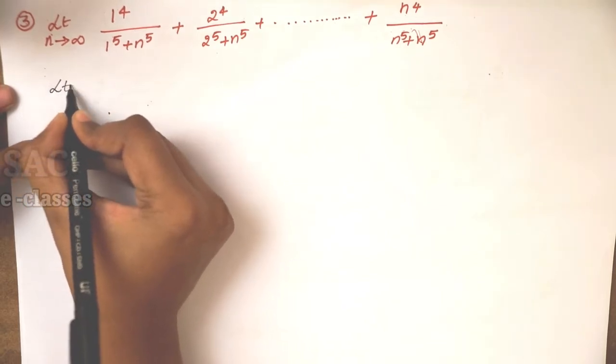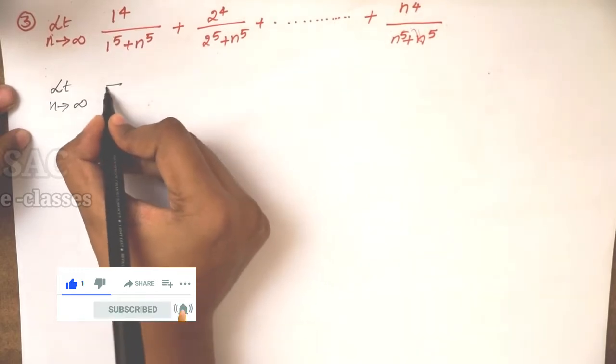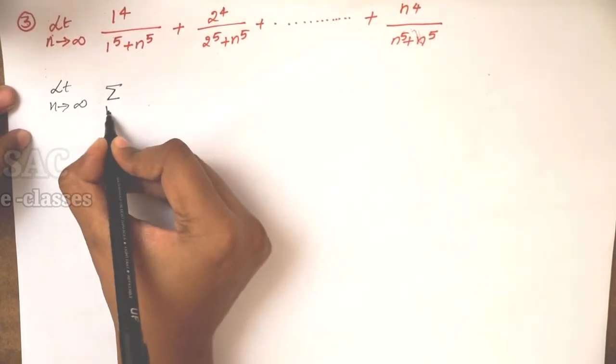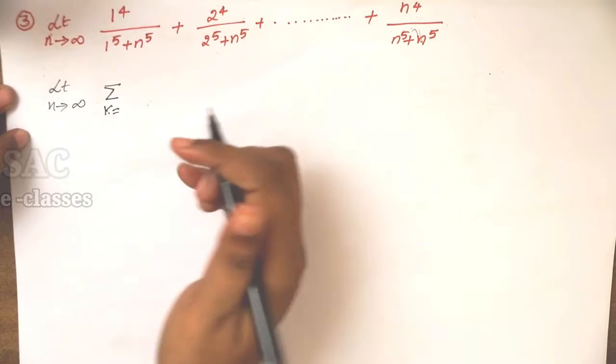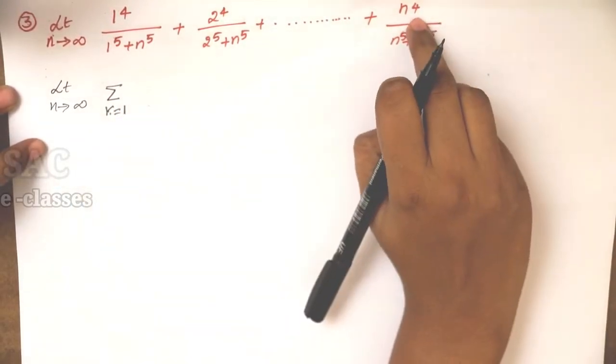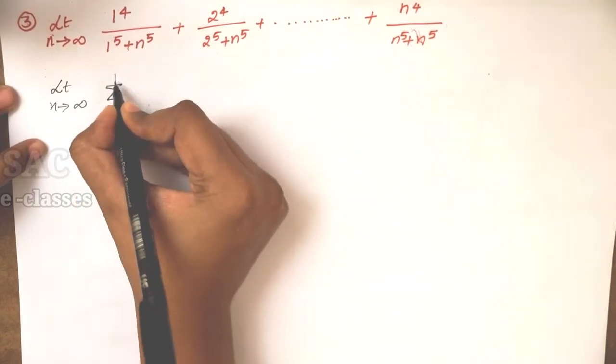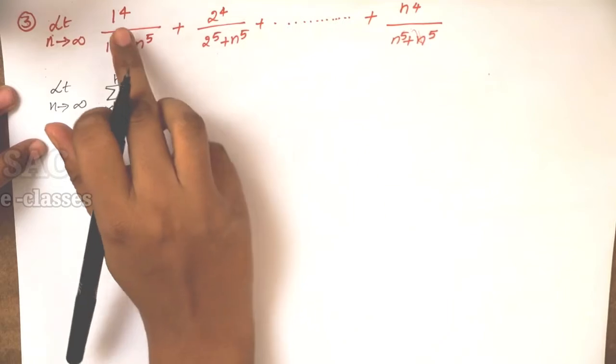Clearly, limit n tends to infinity. Let me write a sigma r equal to, from where it started, r equal to 1 to, again it ended with n clearly, so r equal to 1 to n. Here what is changing?